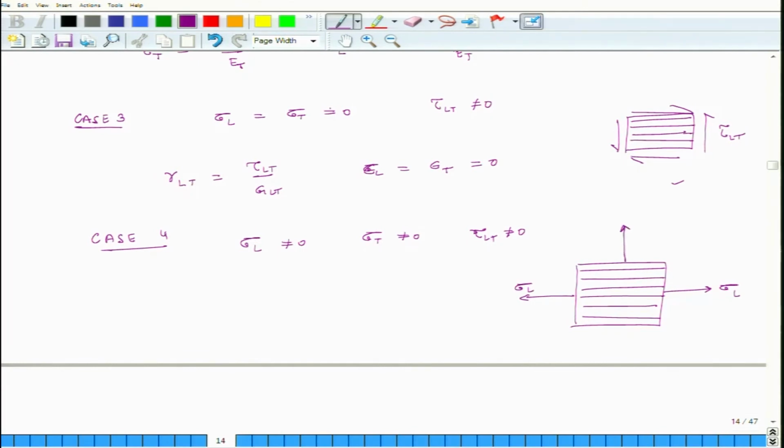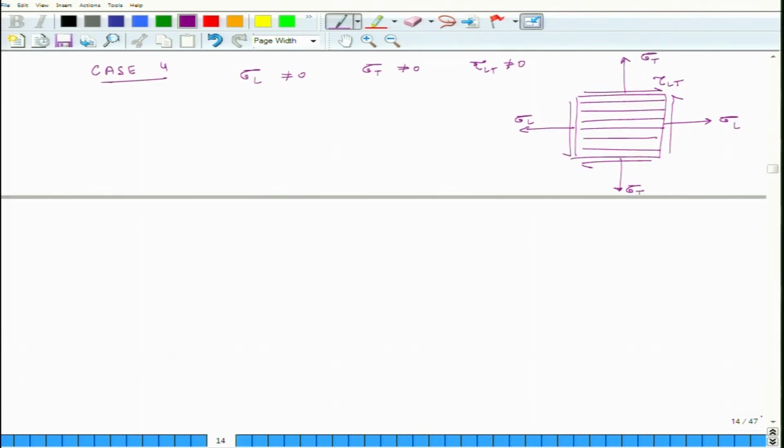I am also applying a transverse load or stress, and I am also applying a shear stress. So, this is what I am applying. So, in this case I am interested in finding out the strains. So, I want to find out epsilon L, I want to find out epsilon T, and I want to find out gamma LT.